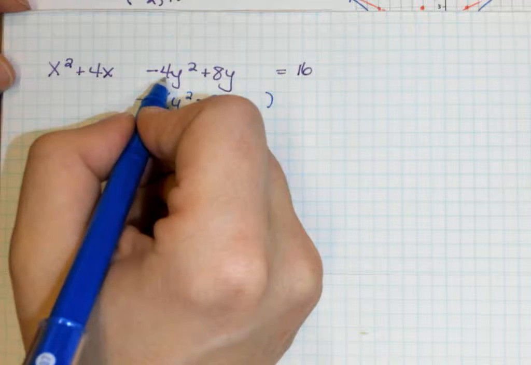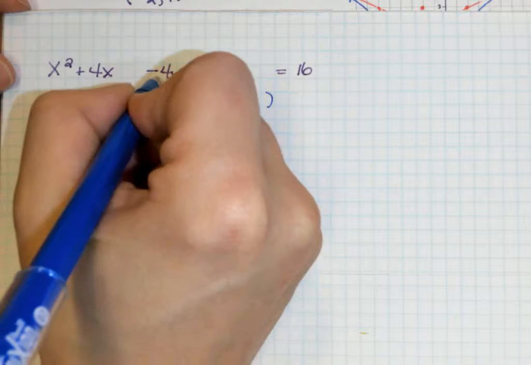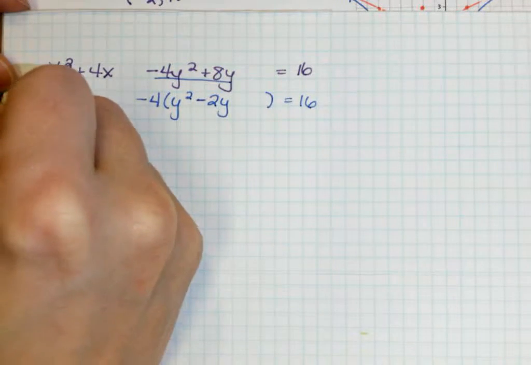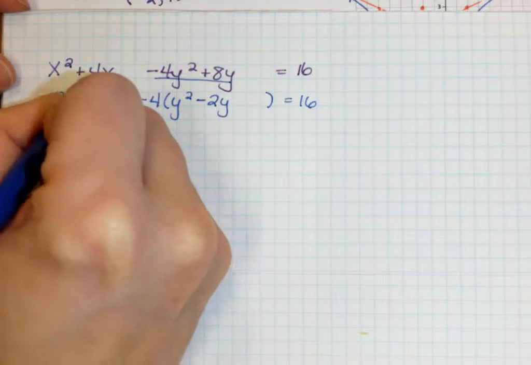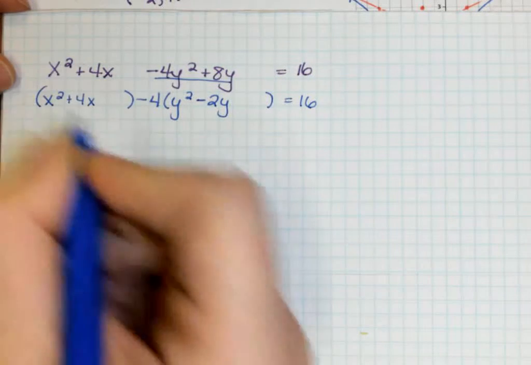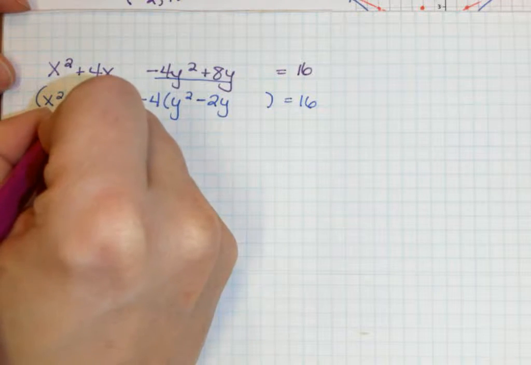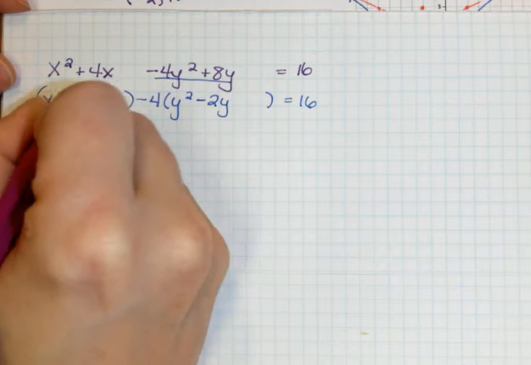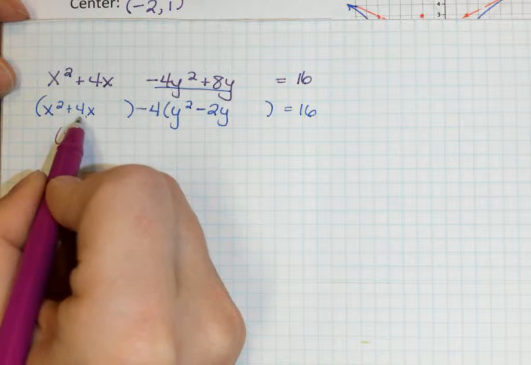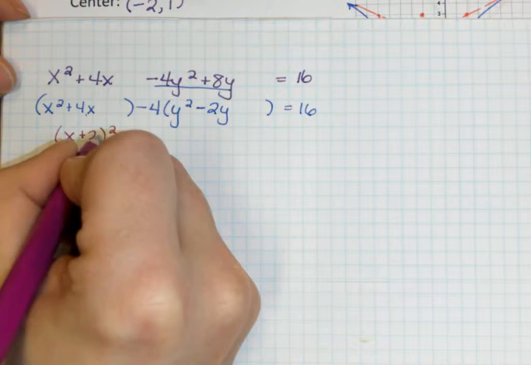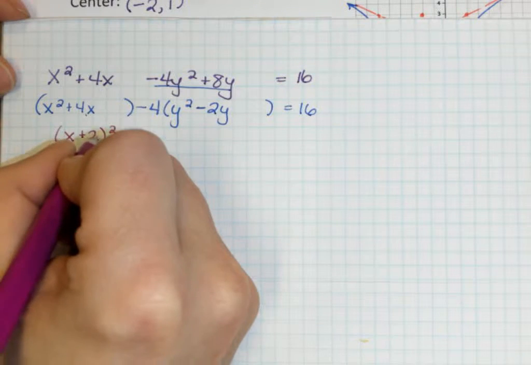Does that make sense? When you have that coefficient, you take it out of both y terms. And then I just have this stuff, which really doesn't need to be in parentheses, but I'm going to do that so that I can see what's going on. So now what is half of this? Half of that, 2, squared, 4.